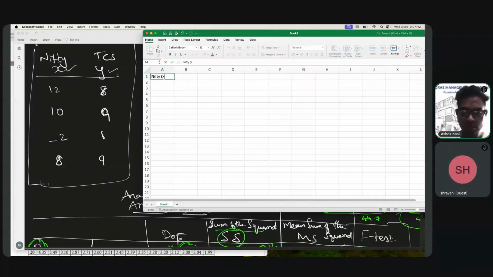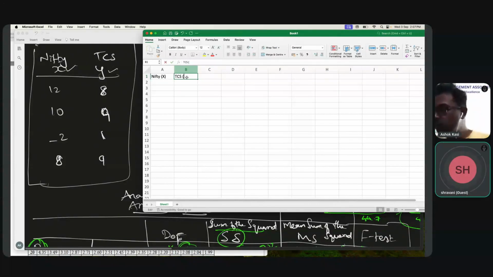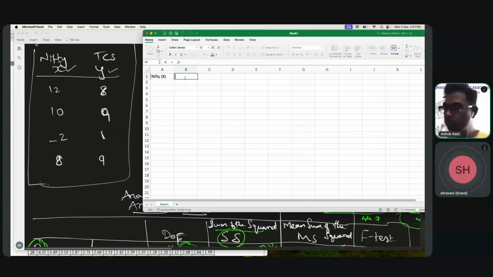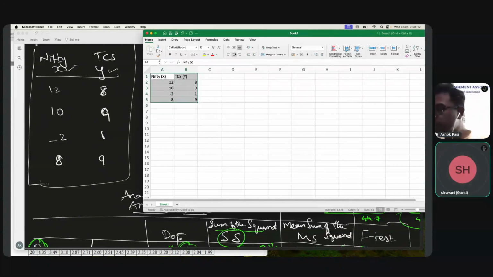Nifty is X variable and TCS is Y variable. So this is the only given information.